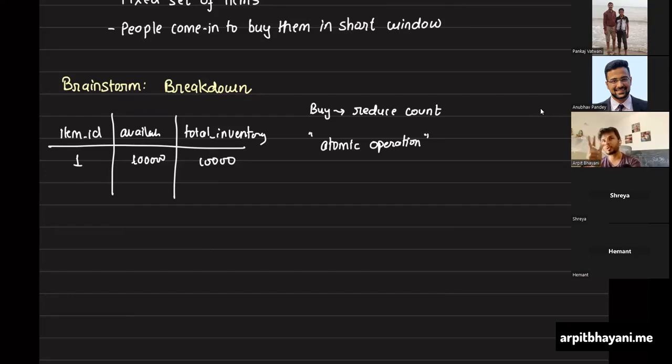What are you exactly doing in that operation? So if we receive two requests at the same time, because we are going to reduce the count, there could be a race, where you read the same count and then both will try to reduce it, and it won't be reduced by 2, it will be reduced by 1 only. Got it. So we want to prevent that. And I think you have transactions to take care of that.